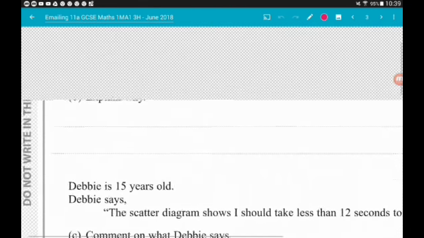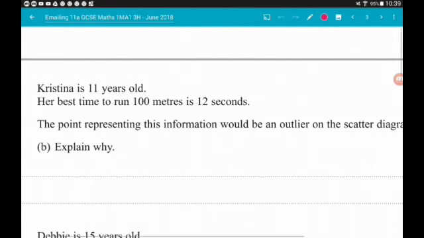Part B says Christina is 11 years old. Her best time to run 100 meters is 12 seconds. We are told the point representing this data would be an outlier. We're asked to explain why. So let's find it. We want to plot the point 11, 12.